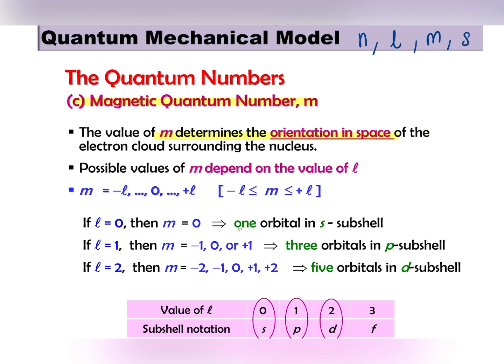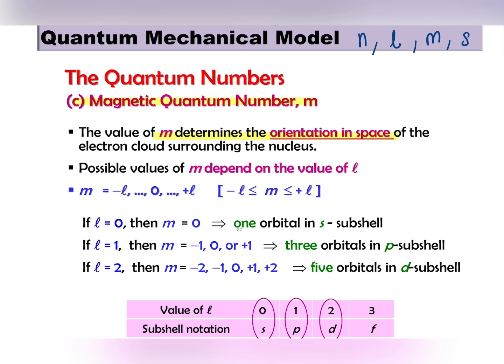Okay, so value of L here will depends on the value of N. So, now kita nak tengok M pula. So, M ini, the value of M akan menentukan the orientation in space for the electron cloud surrounding the nucleus.